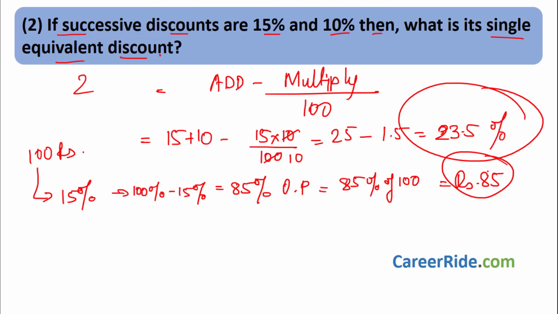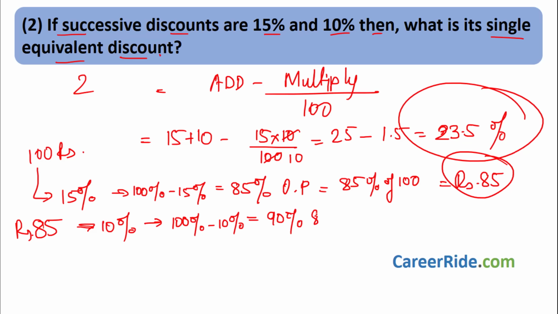So the new price is 85. The second discount given is 10%. What is the final price? 100% minus the 10% discount. So the person has to pay 90% of the new price.